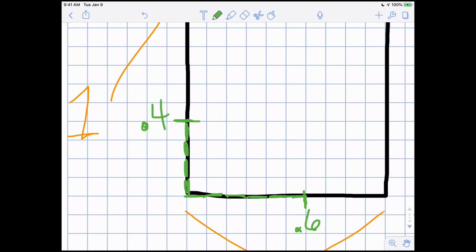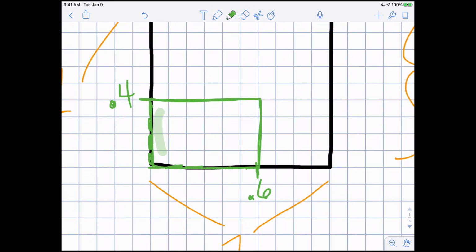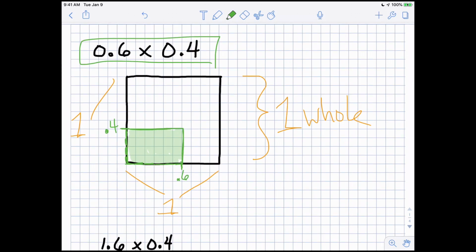So now we're going to connect those lines. That is our rectangle that is created by multiplying 6/10 times 4/10. And this whole area right here is our answer. We can see we've got an area of 24 little tiny squares out of the whole thing, which is 100.